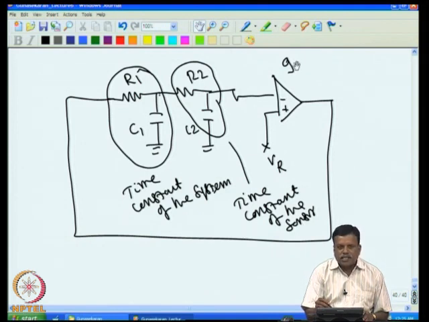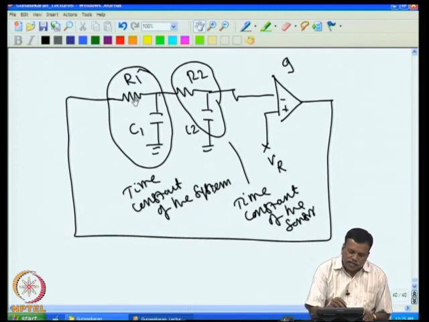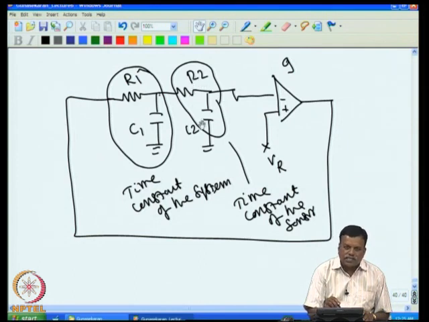Now to understand that, we can look at the whole system from a slightly different angle. For example, this RC can give a phase shift as much as 90 degrees, and this RC also can give a phase shift of 90 degrees at some frequency.